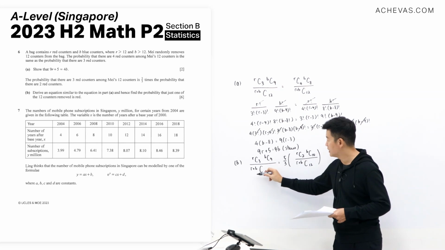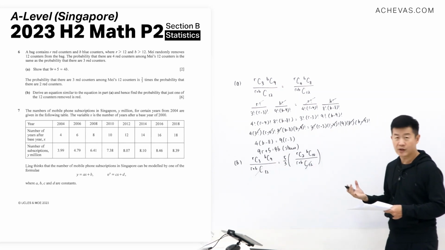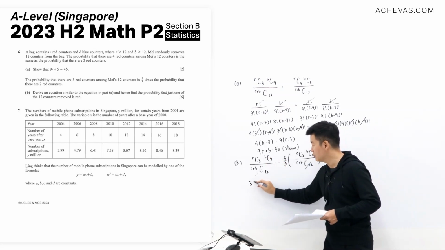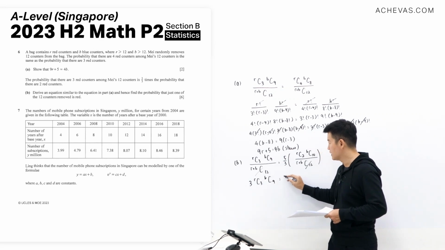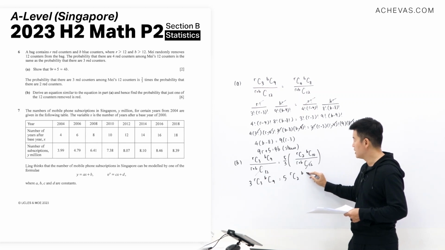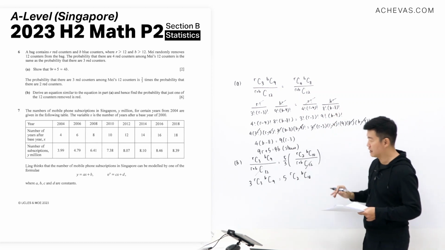Okay, so the denominator can be cancelled, so this will disappear. Let us do a quick cross multiplication again. It will be 3 times R choose 3, B choose 9 is equal to 5 times R choose 2, then B choose 10. Let's try to expand it just like how we have done it here.